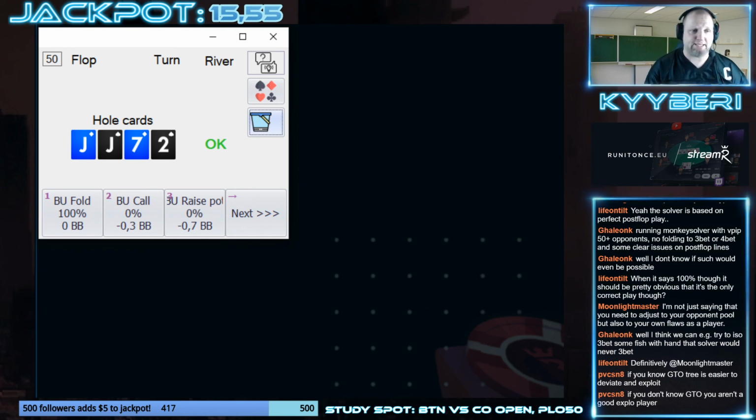Or you 3-bet A663 and wonder why I'm losing money. Because I think if we made a simulation for pre-flop and we know that the opponent never folds to 3-bets, then I have a feeling that A663 is not a 3-bet.